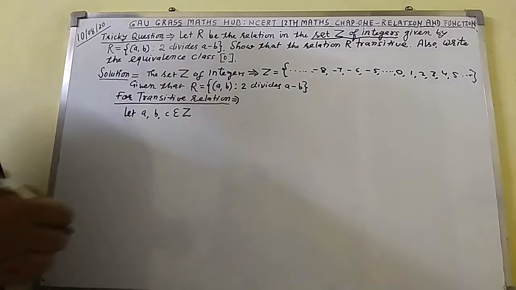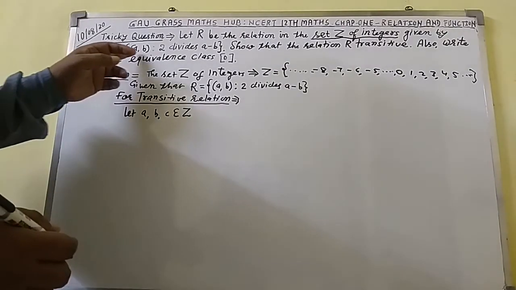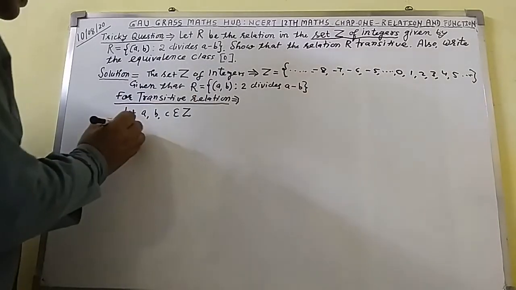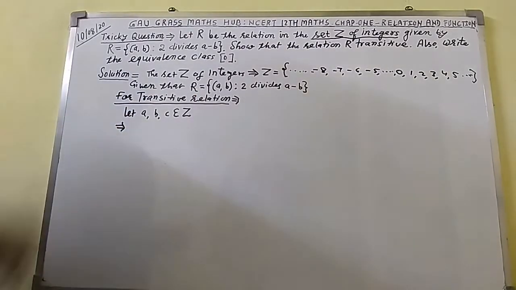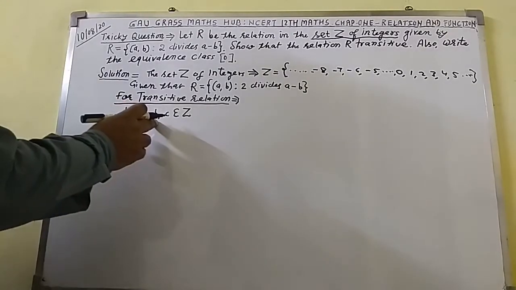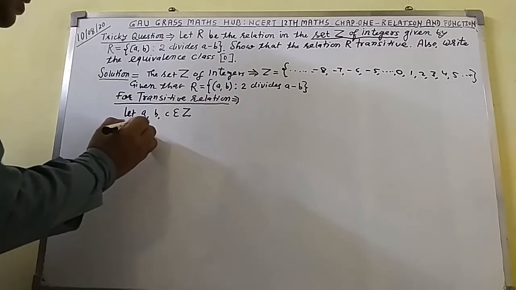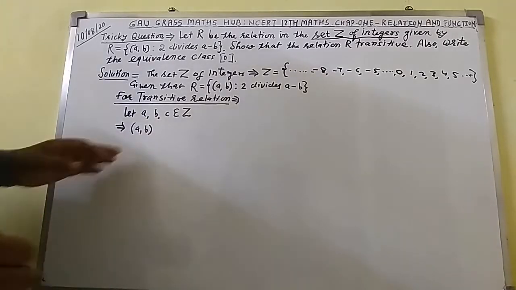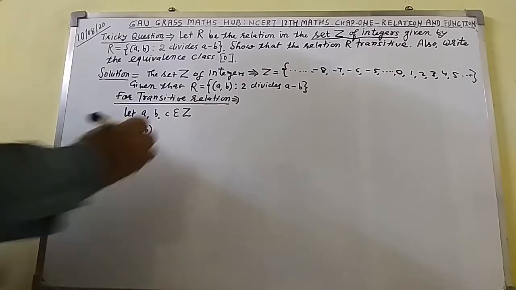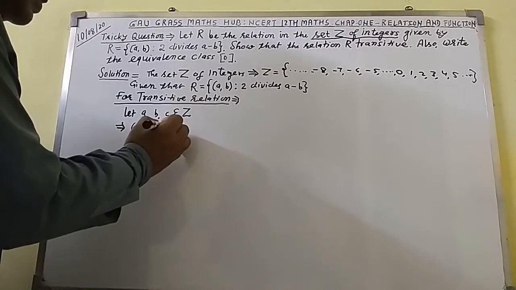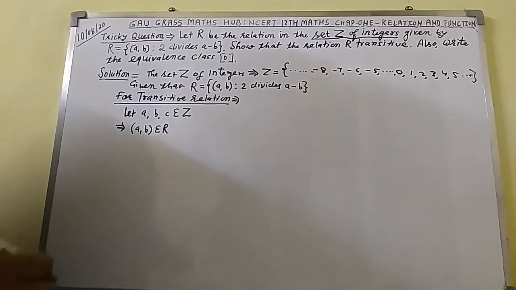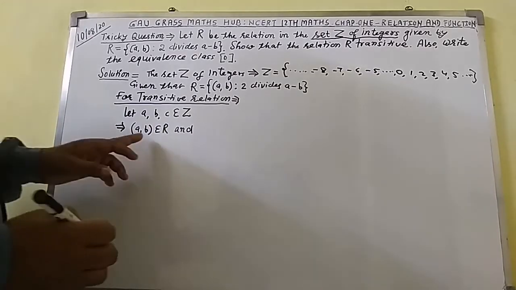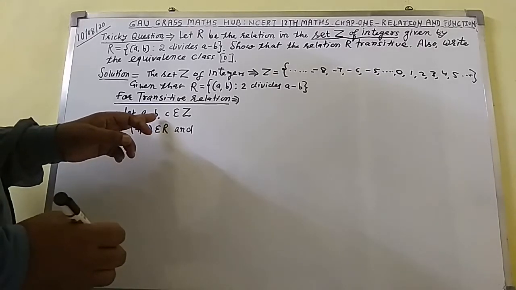So what do you have to establish here? Here it says ordered pair (a, b). So here I shall write, take first the ordered pair (a, b) belongs to capital R, and now take (b, c).